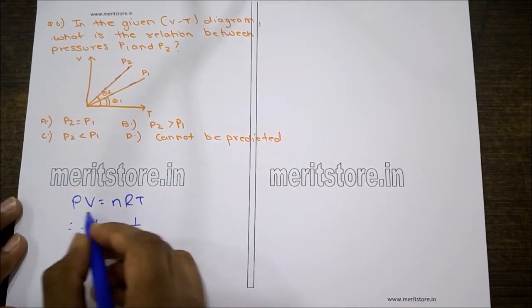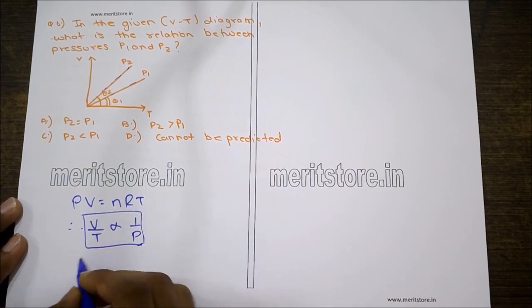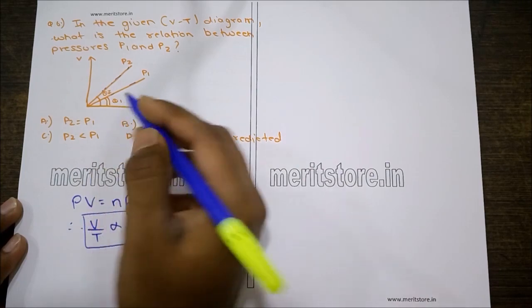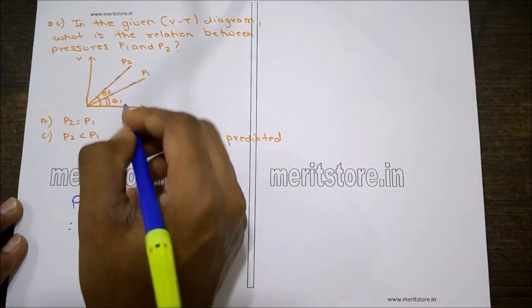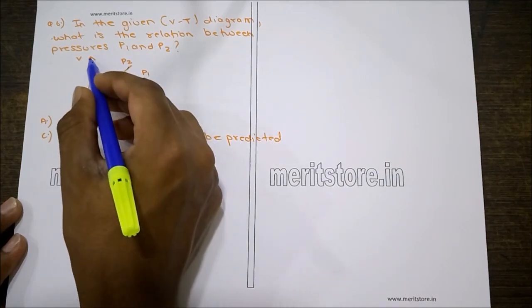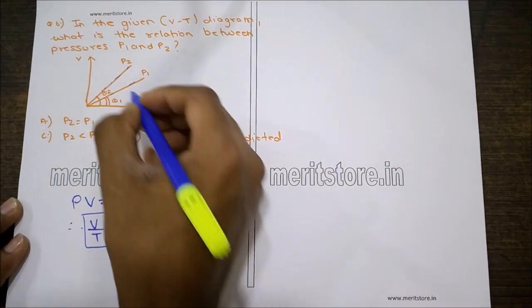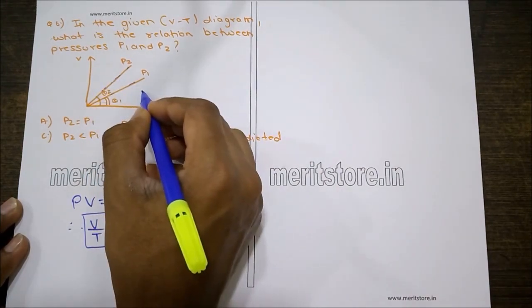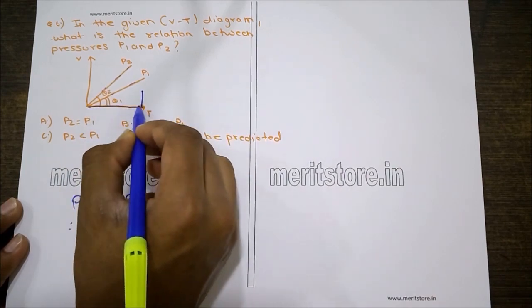So from this relation we have come to this equation. And this graph is a graph of volume versus temperature. So therefore from this we can see that for V by T, say a point over here, the V is this and T is this.